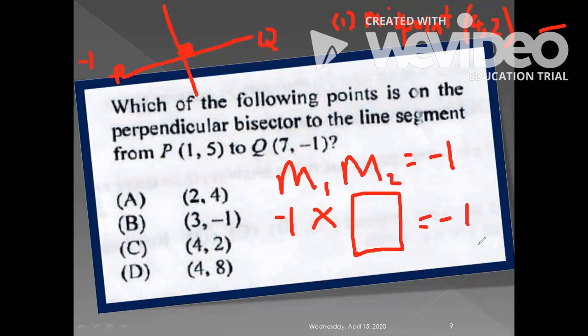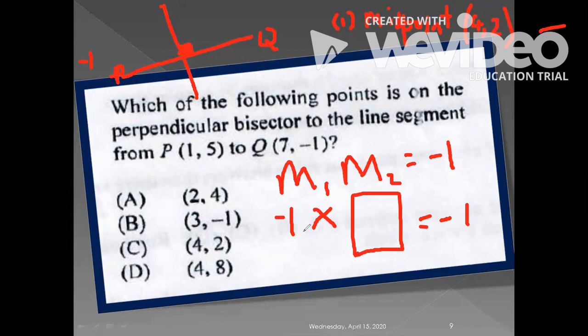You just find what you can multiply -1 by to get -1. Is it because we don't have any points on these two lines? Because if we had 2 points, then we could use the formula to find a gradient. So we find the gradient for PQ because they give us the points for PQ, and then we say M1 times M2 gives you -1.